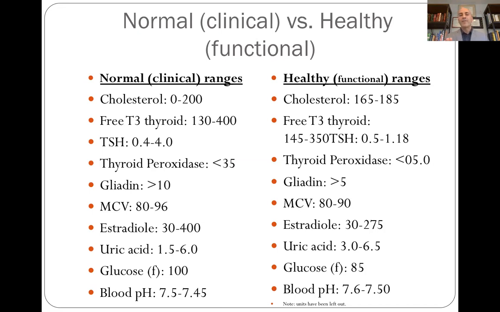So if you have any antibodies at all, I'm considering that not okay, because that means that your immune system is starting, although maybe it's early in the process, it's starting to believe that your thyroid is foreign and it's making thyroid peroxidase antibodies to the enzyme in the thyroid that converts thyroid hormones. So you want to know if this process is happening as early as possible, because if it's a newer problem, then it's usually much easier to fix.